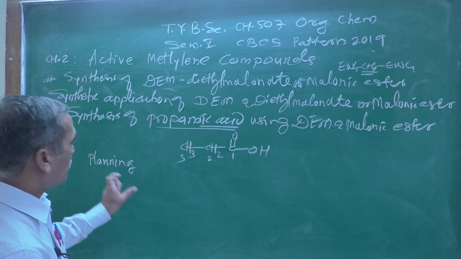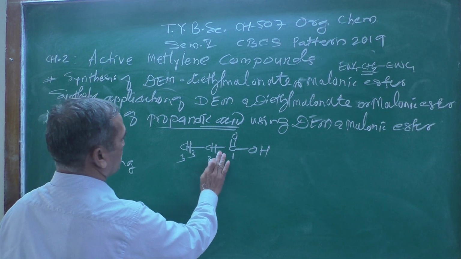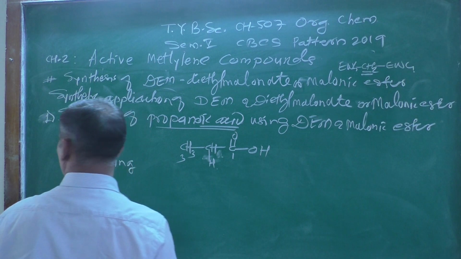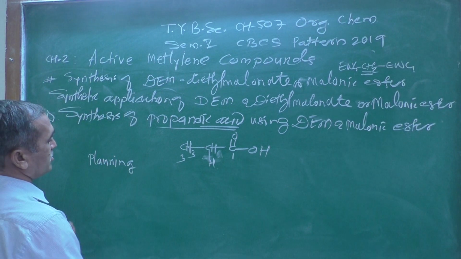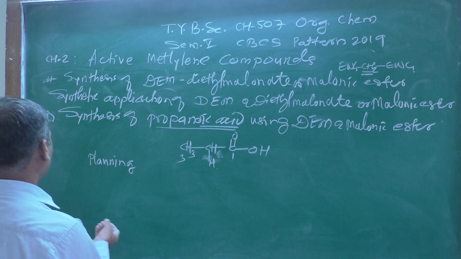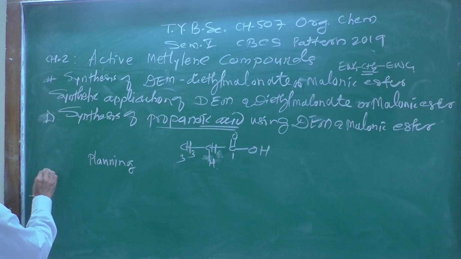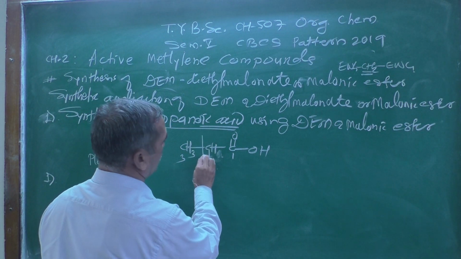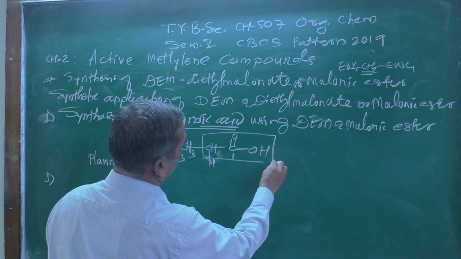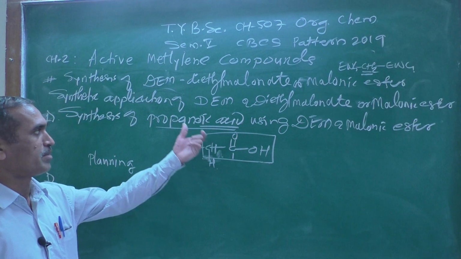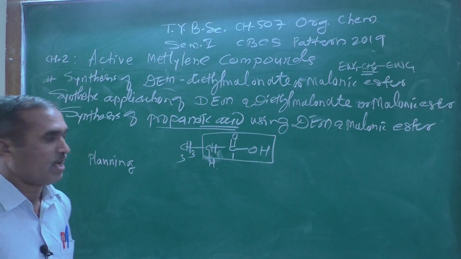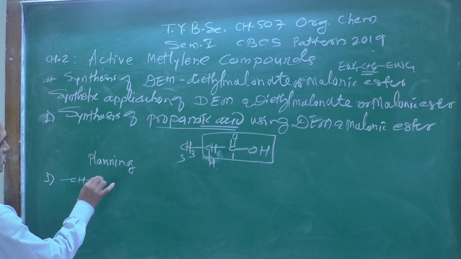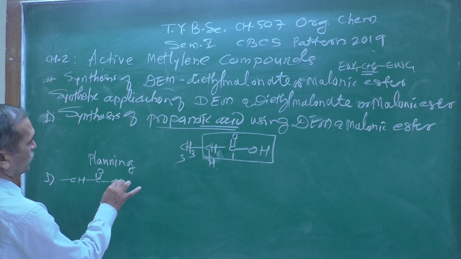So in the planning, I am writing one of the hydrogen atoms in this fashion, so that you can understand shortly why I am making this bond. Now I am marking this part of the organic compound, propanoic acid. This highlighted part, you remember, is CH, C double bond O and OH.